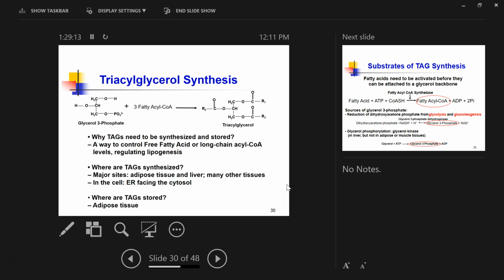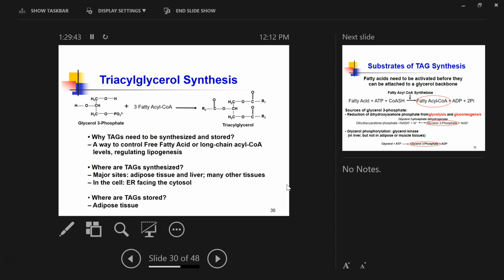And where are triglycerides synthesized? Which tissue has the most activity of triglyceride synthesis? Yes, adipose tissue. So it's different from lipogenesis, right? For lipogenesis, the liver plays the most important role, and triglyceride synthesis is mostly active in the adipose tissue.